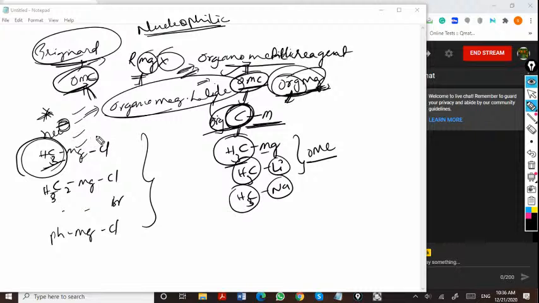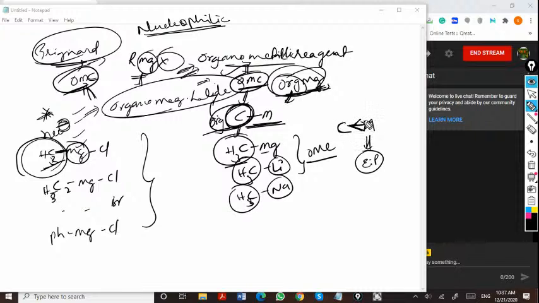Why will carbon be the nucleophile? If you consider any bond, the electron density will move towards the more electronegative atom. In a carbon-metal bond, metals are not electronegative, they are electropositive, meaning they readily donate electron density but do not accept it.